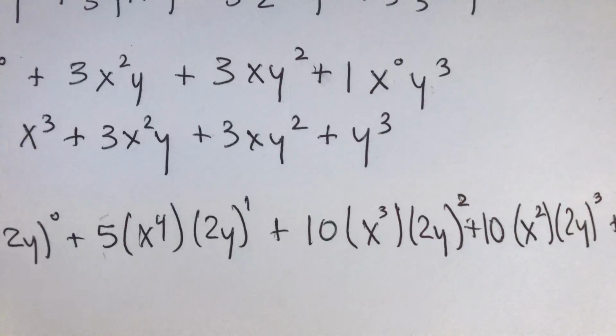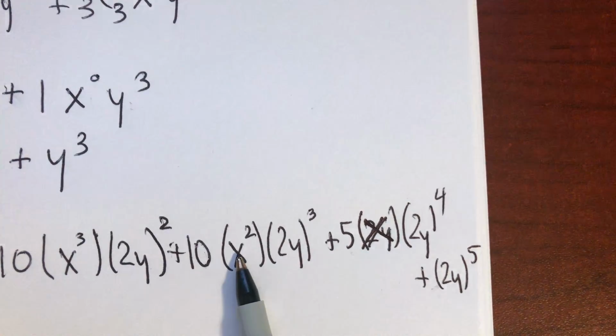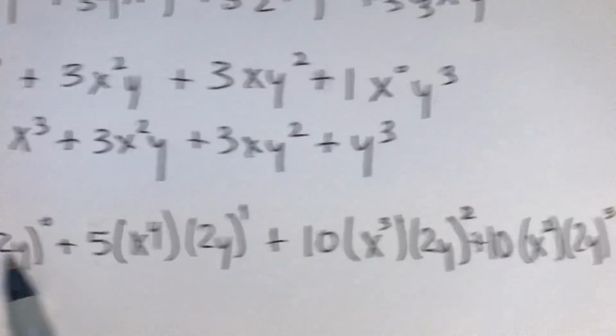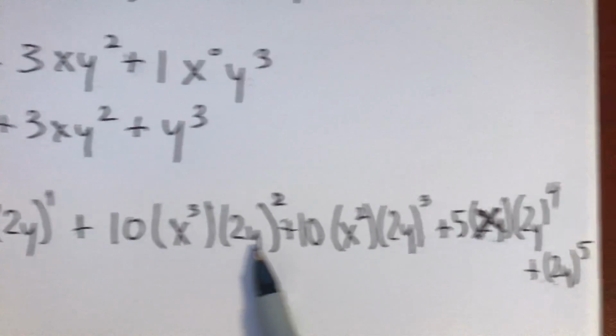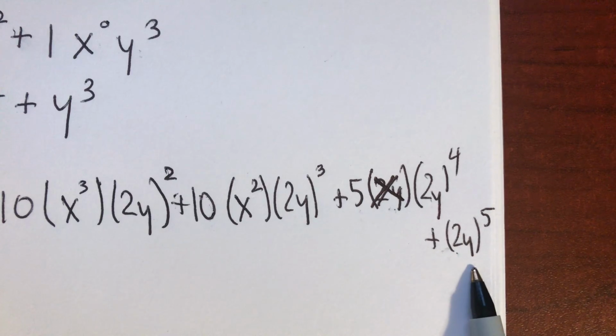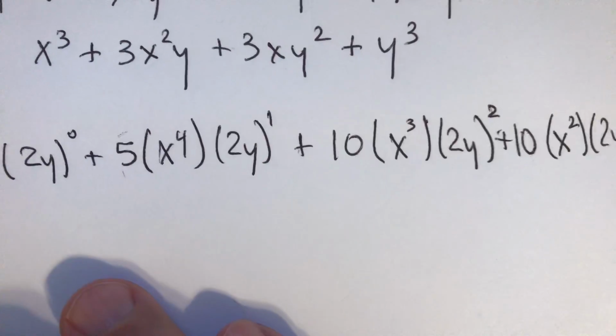I do x to the 5th, to the 4th, to the 3rd, to the 2nd, to the 1st, to the 0. I do 2y to the 0, to the 1st, to the 2nd, to the 3rd, to the 4th, and then to the 5th. Now I have to simplify all this.